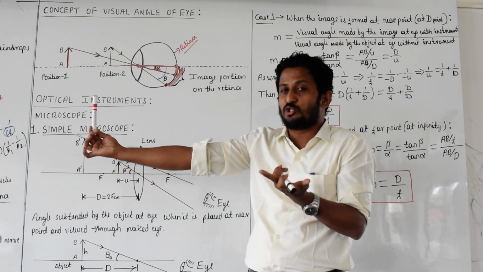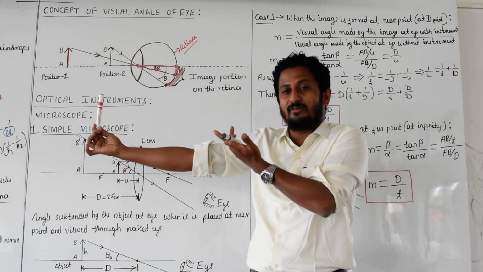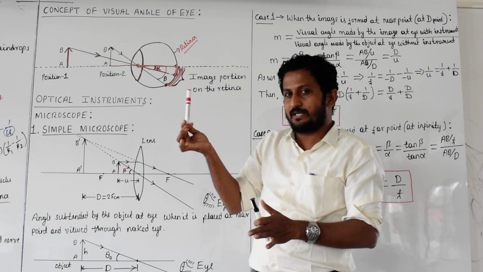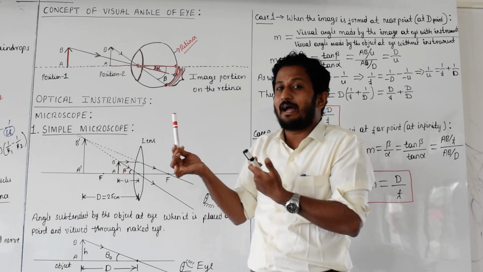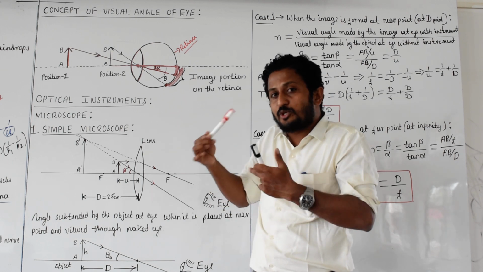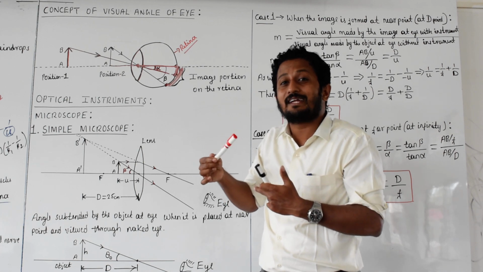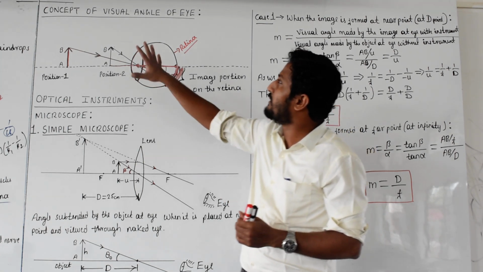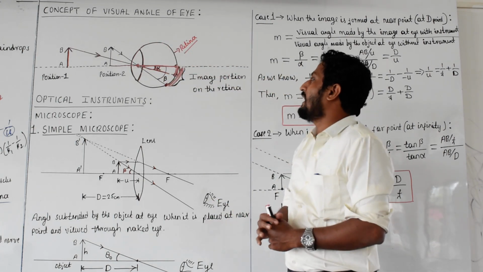That we call the visual angle. That visual angle is less. As I take this object close to my eye, that visual angle keeps increasing. Have you understood what I mean to say? That we call the visual angle.